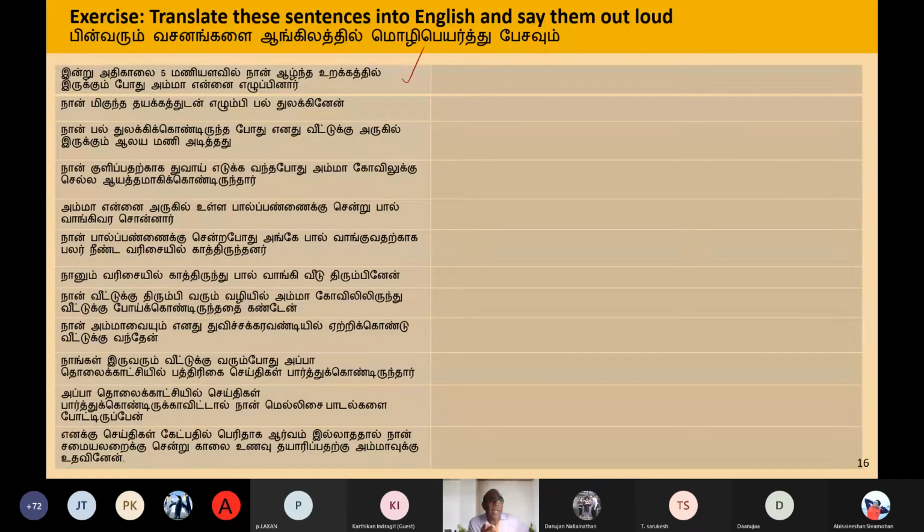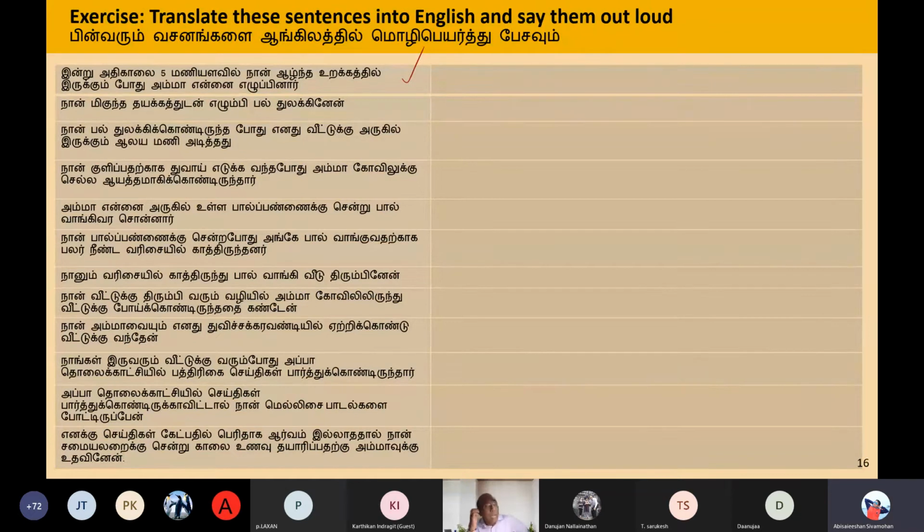Dhanujan wants to come. He said he wants to say, so you can just finish Dhanujan and then I go to Abhishajan. Okay, Dhanujan, you said, while I was brushing my teeth, the bell of the nearest temple rang. What you said is fine, but I'm looking at the Tamil there: எனது வீட்டுக்கு அருகில் இருக்கும் ஆலயமணி அடித்தது.